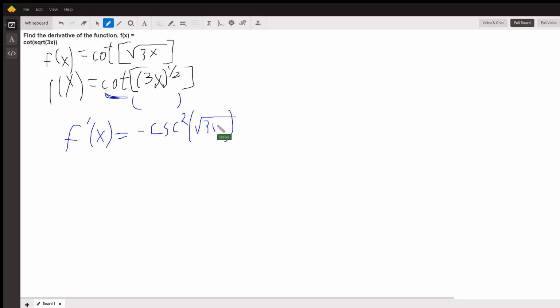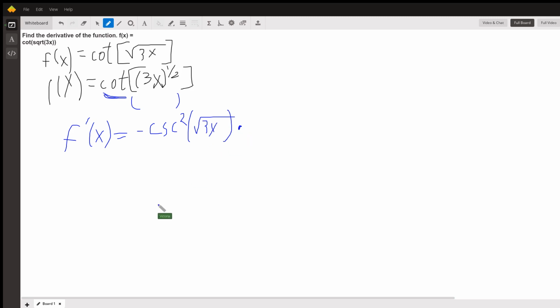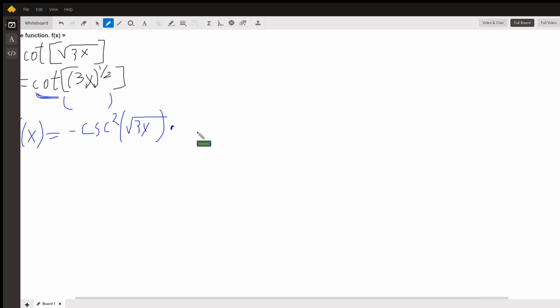But then you need to use the chain rule to make this derivative correct. Now, the chain rule is what you do with this inside function. But this inside function is also composed of an outside function.